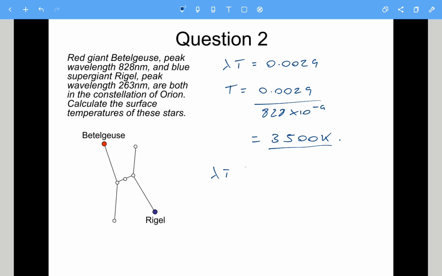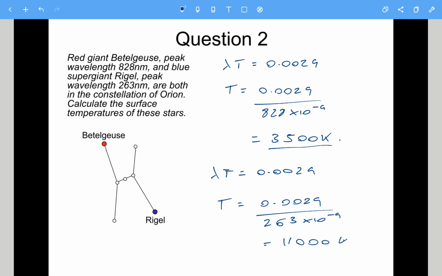And then for Rigel, lambda T equals 0.0029. So the temperature is 0.0029 divided by peak wavelength, which is 263 times 10 to the power minus 9. So the photosphere temperature for Rigel is a whopping 11,000 Kelvin. So like I said, relatively straightforward. Just got one more to do.